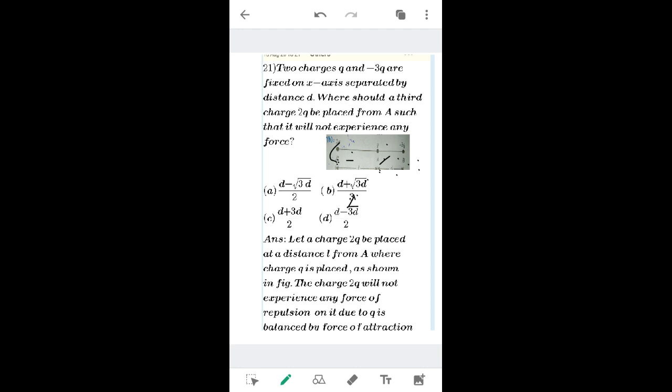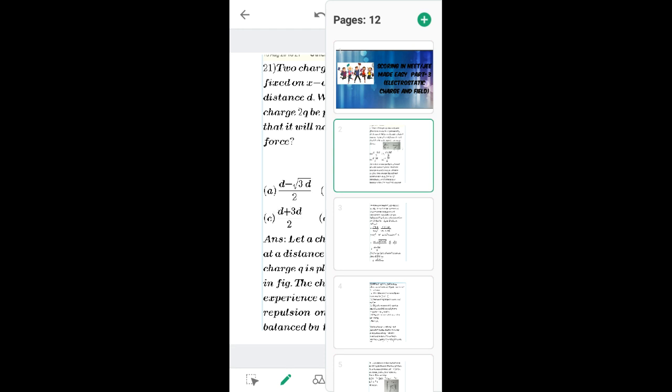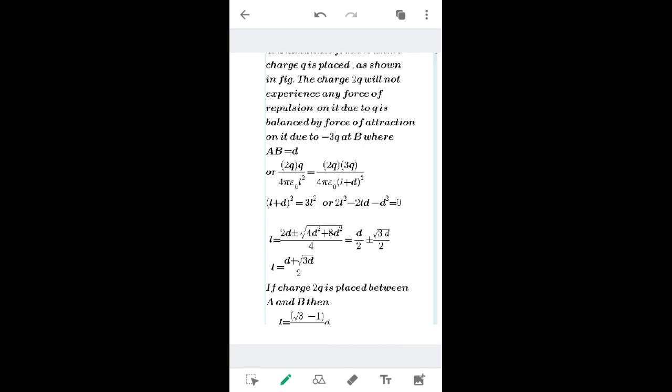So here it is minus 3q, here it is plus q and 2q. There must be a force of repulsion between q and 2q at A and P, but it is balanced by the negative charge which is placed at B. Okay, understood? This is the concept behind it. So let us solve the problem now.